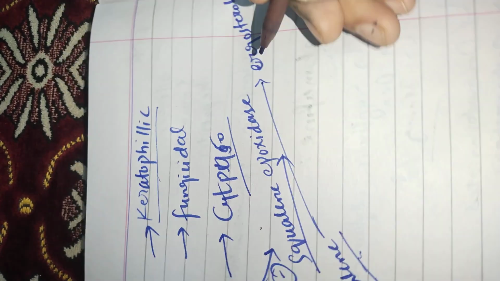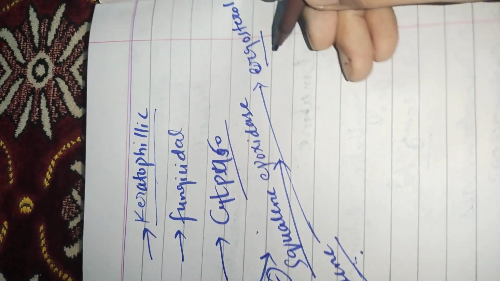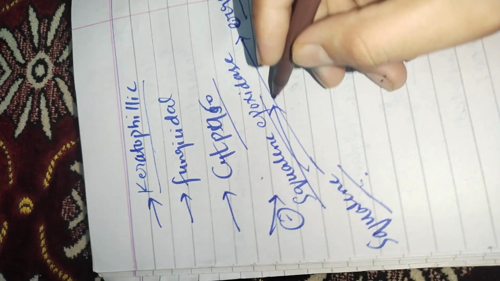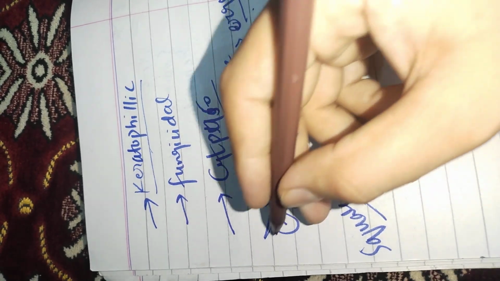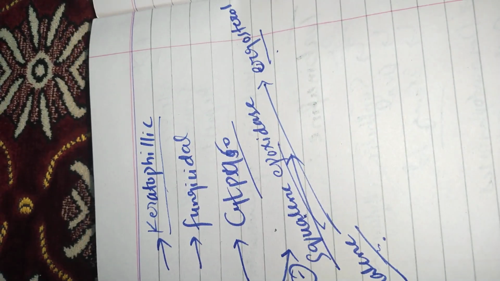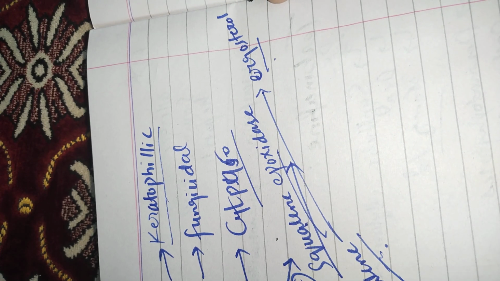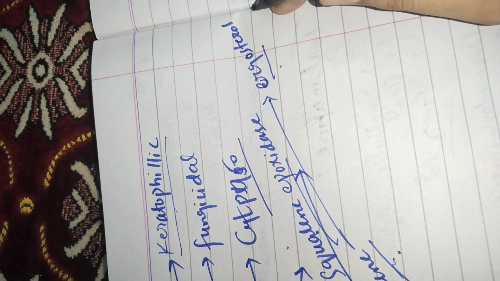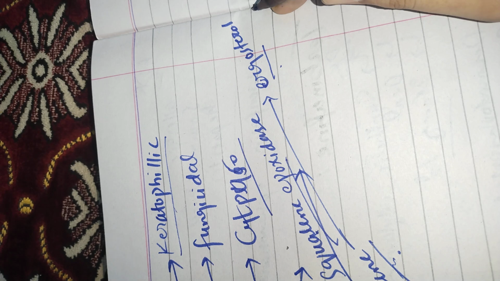Squalene is a precursor of ergosterol, and squalene epoxidase converts squalene into ergosterol. Since this enzyme is inhibited by terbinafine, the formation of ergosterol is inhibited, which leads to disruption of the fungal cell wall, and this disruption leads to the death of the fungal cells.